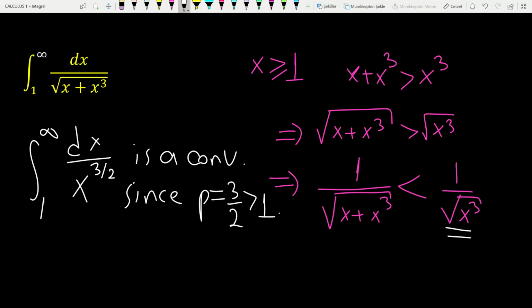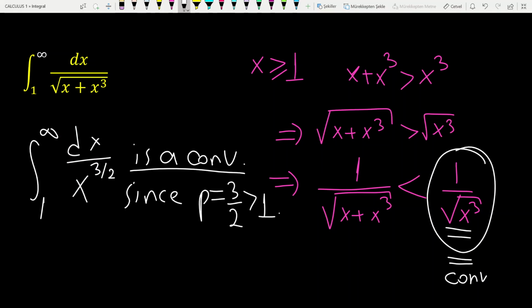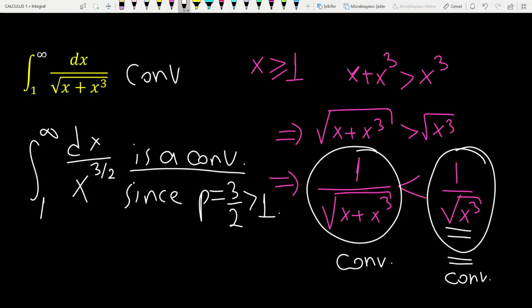Using the p-test, we know that this is convergent. If the greater one is a convergent improper integral, the smaller one must be a convergent improper integral too. So the given improper integral is convergent. Let's look at the third problem.